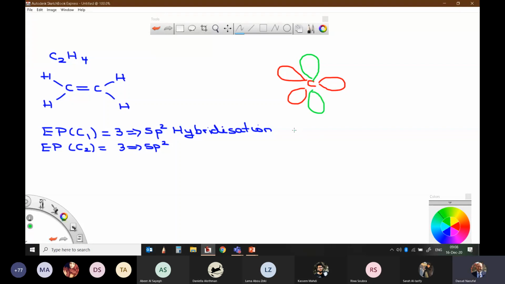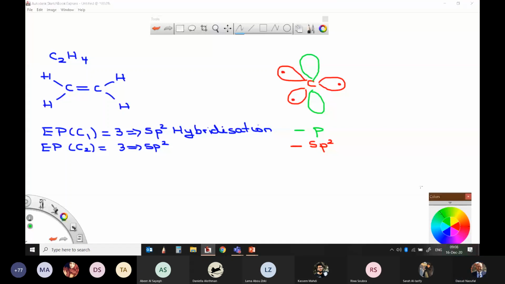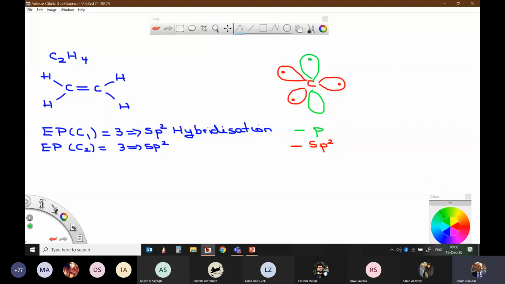So in green, this is p, and in red is sp2. And in H, we have one single electron. So around carbon, we have 4 singles. The same figure for the second carbon.